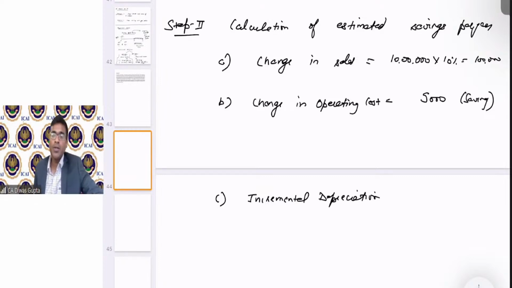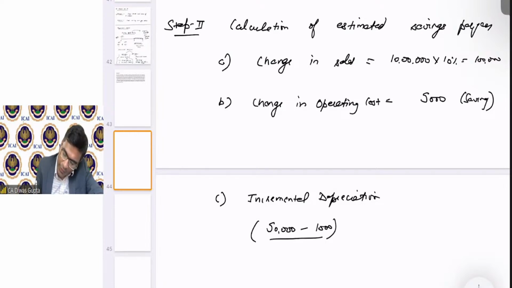Correct, students? Because for calculating the tax impact, we need to calculate the incremental depreciation. So that will be calculated how? 50,000 is the cost of new computer. 1,000 is the salvage value. 5 years is the useful life, minus the old one if it would have been continued.